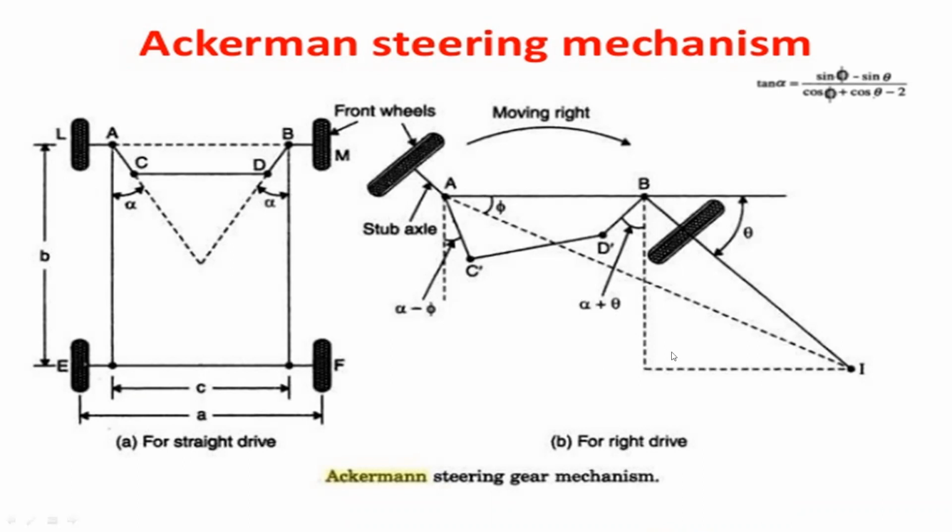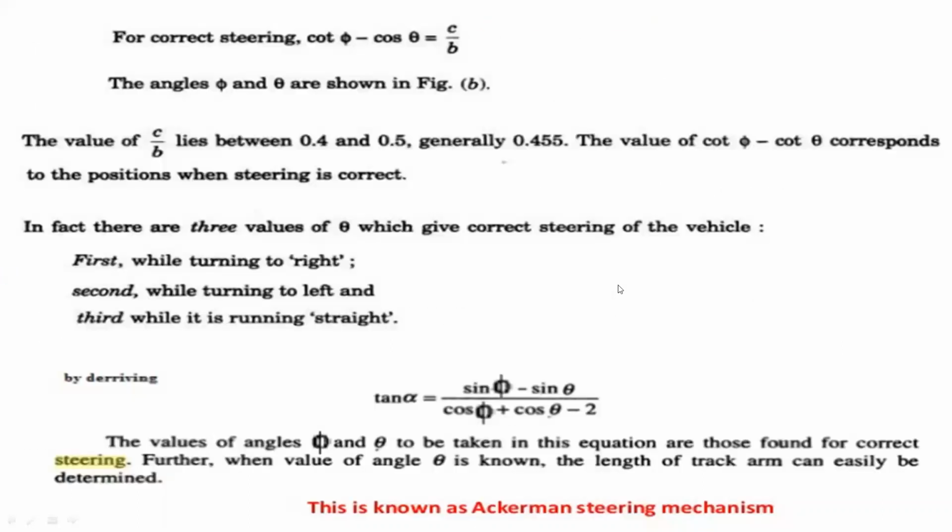So finally what I am getting is tan alpha is equal to sin phi minus sin theta by cos phi plus cos theta minus 2. Theta is determined from the above expression by substituting the values of alpha and beta corresponding to correct steering mechanism. The length of the crank arm is then determined by knowing the value of angle theta.